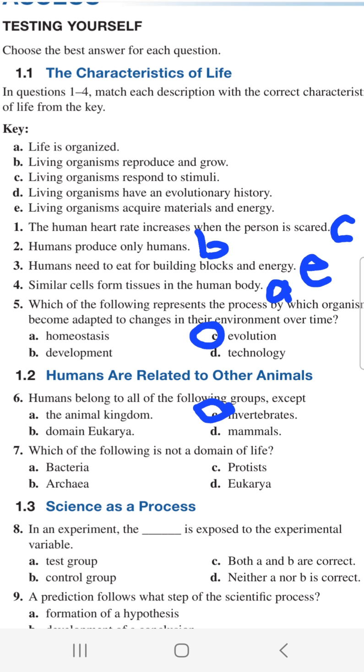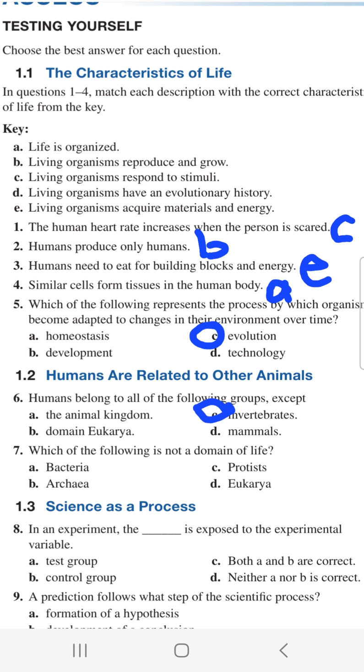Question 7, which of the following is not a domain of life? We have 3 domains: Archaea, Eukarya, and protists? Bacteria belongs to the domain prokaryotes? Okay, so it is bacteria, archaea, eukarya, protists.